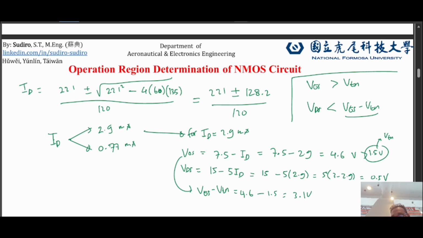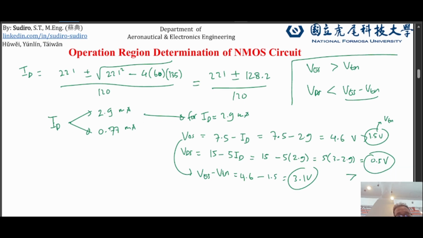From this one, we can understand that 0.5 is less than 3.1 volt. So with this value 2.9 milliampere, we can confidently say that the NMOS in that circuit is in the triode region with drain current 2.9 milliampere.